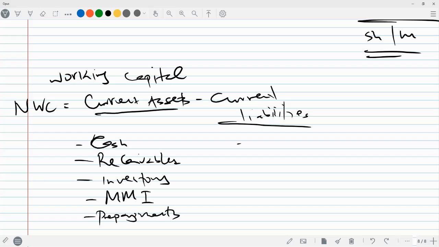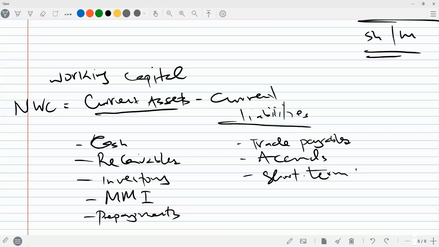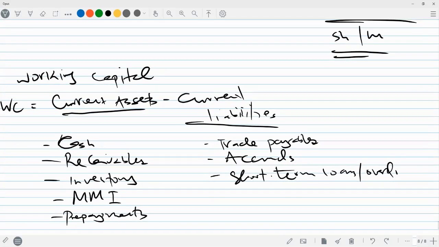In the case of current liability, we have, for example, trade payables, we have accruals, and we have short-term loans and overdraft. So that is the mix for the current liability.